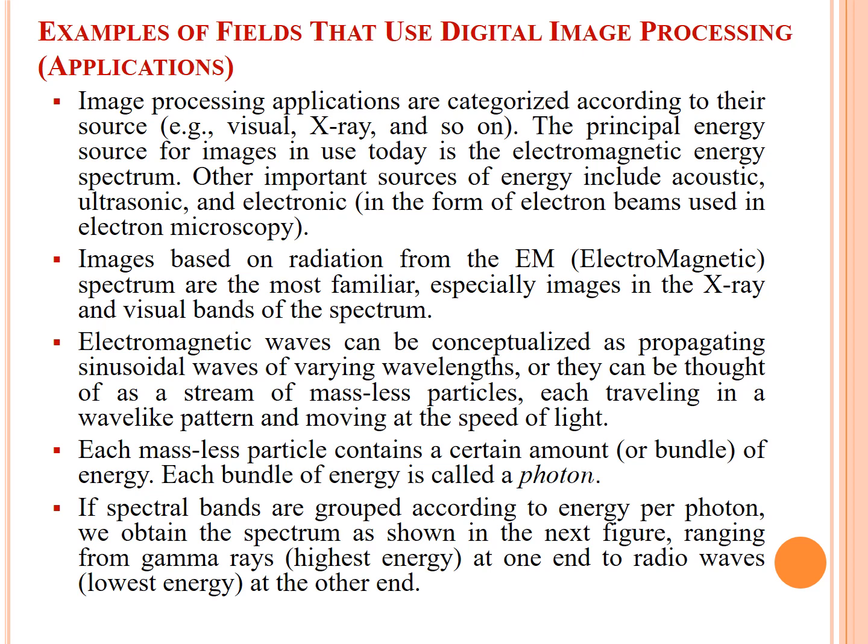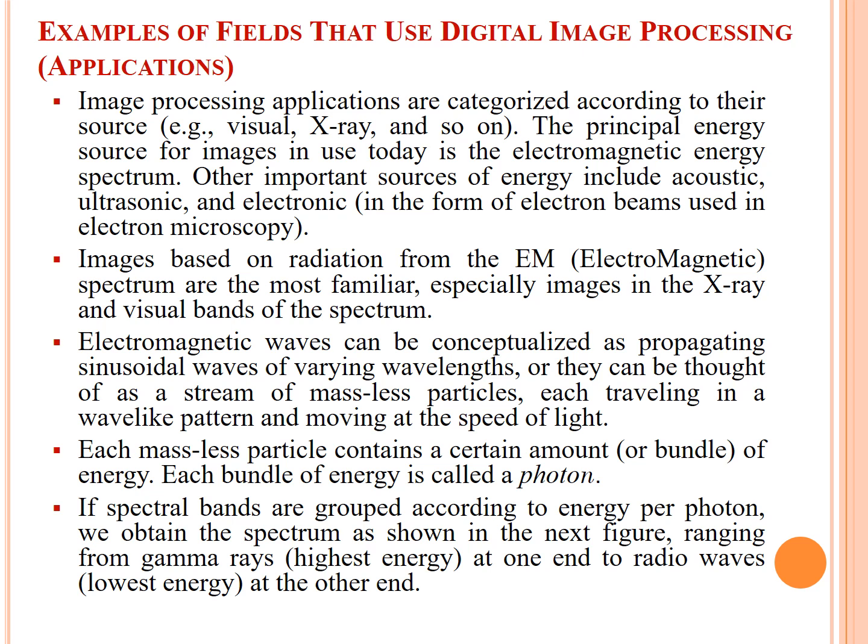Electromagnetic waves can be conceptualized as propagating sinusoidal waves of varying wavelengths, or they can be thought of as a stream of massless particles, each traveling in a wave-like pattern and moving at the speed of light. Each massless particle contains a certain amount, or bundle, of energy.